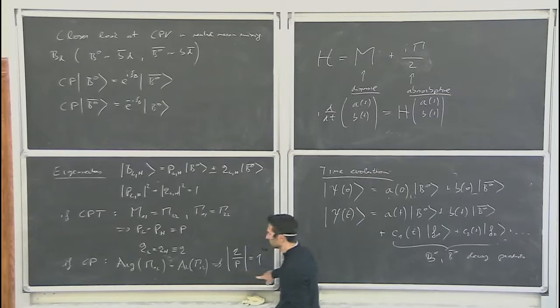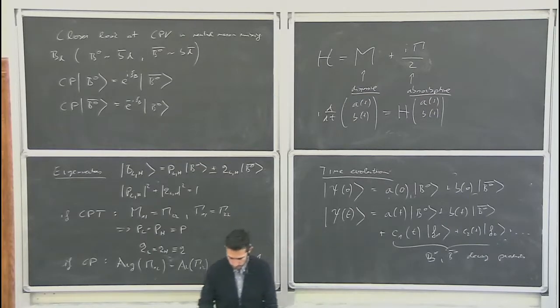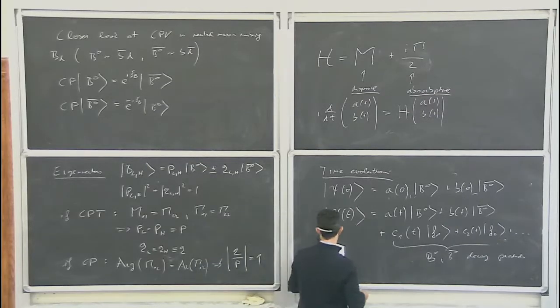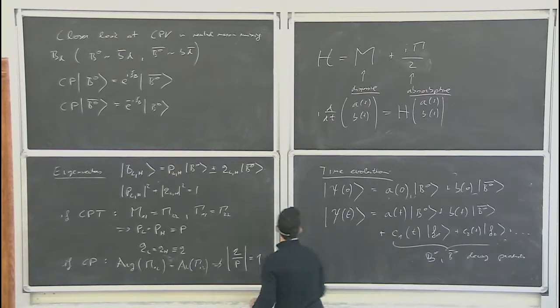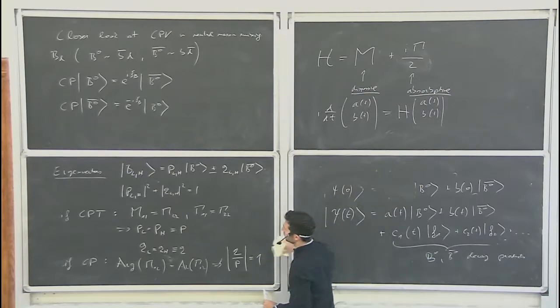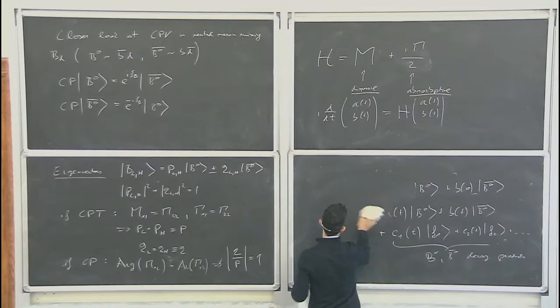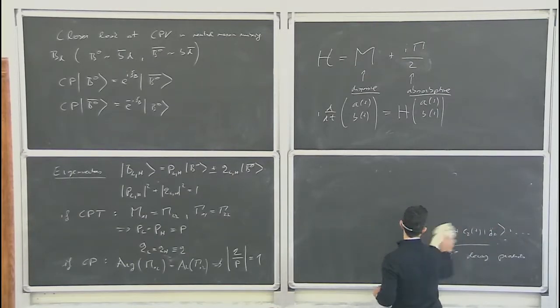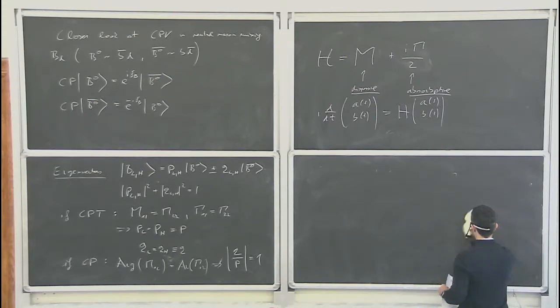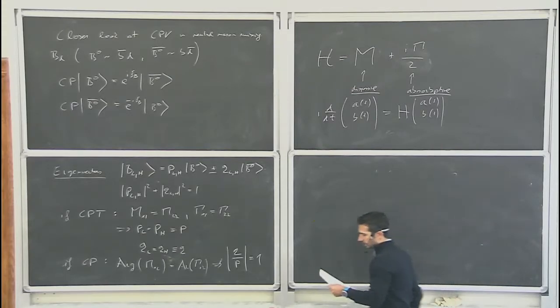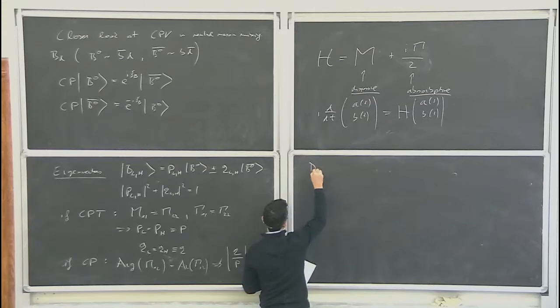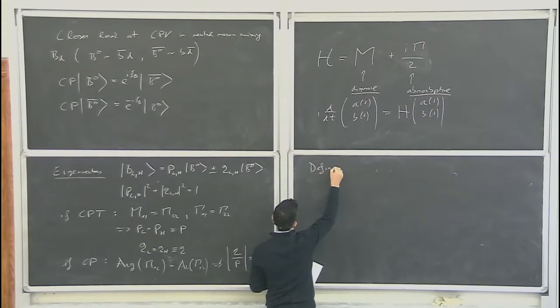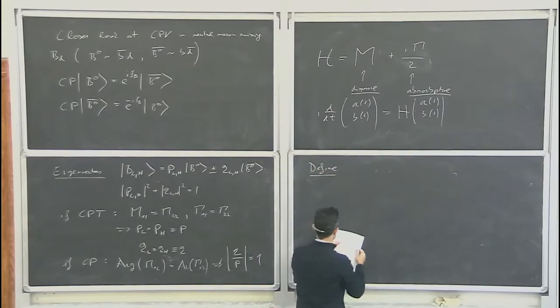This would be this condition, q over p equals 1. Now, this is still in terms of, in principle, unmeasurable quantities. So let me define a couple of measurable quantities to reparameterize this.